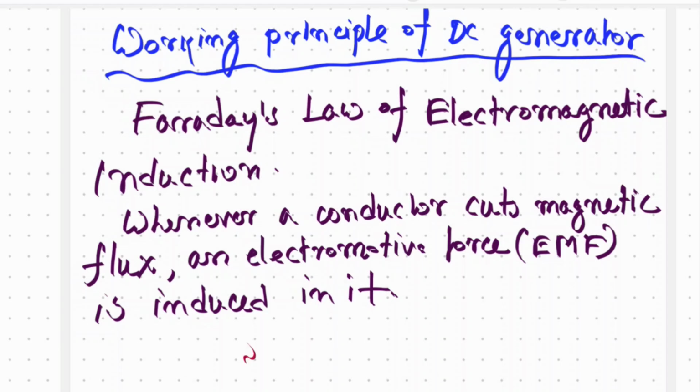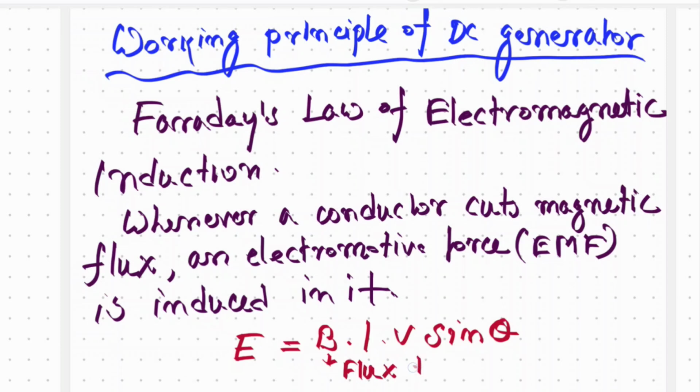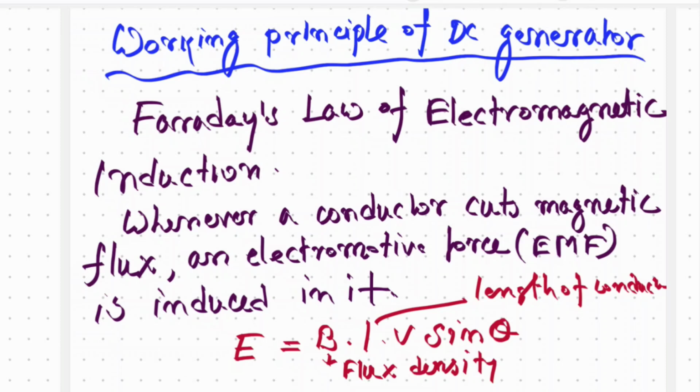We can write E equals B L V sin theta, where B is the flux density, L is the length of the conductor, V is the velocity of the conductor, and theta is the angle between the conductor and the flux.